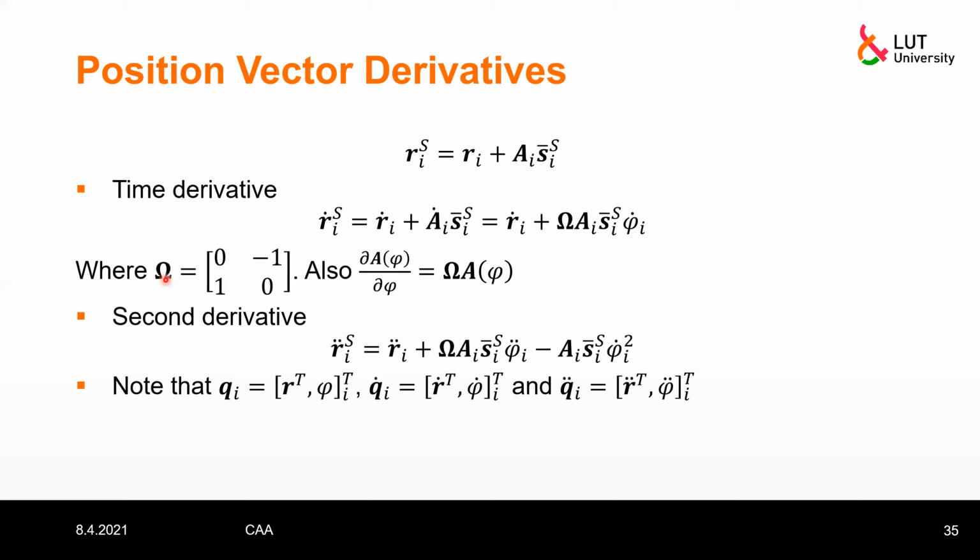And you can check that if you would differentiate this transformation matrix, you will simply get omega, which is this matrix 0, minus 1, 1, 0 times this A.